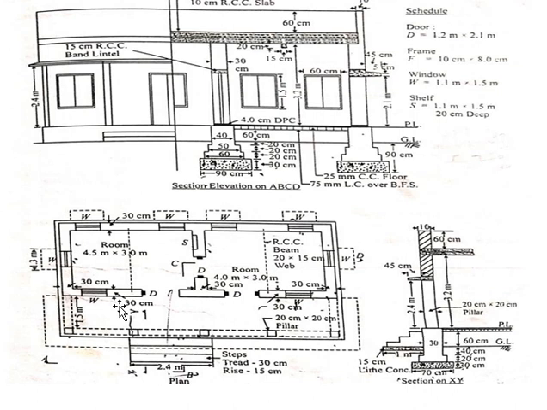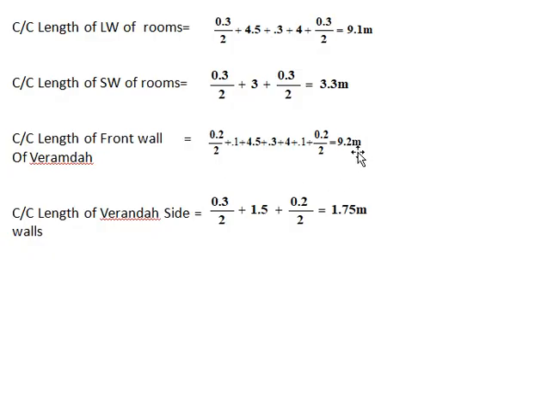So how will we calculate the total length here? 0.2 by 2, that is half the thickness, plus 0.1 plus 4.5 up to this point plus 0.3 plus 4 meter up to this point and then 0.1 meter, and then finally add half the thickness of this wall, that is 0.2 by 2, and you can find out the length of the front wall of the veranda, that is 9.2 meter.